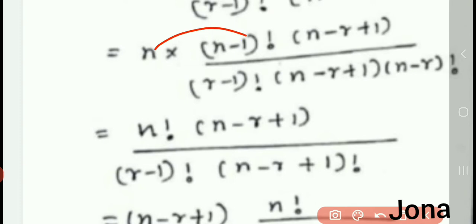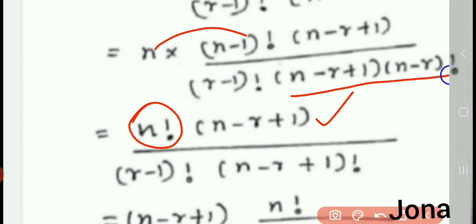And then I can write this: here n into n minus 1 factorial is n factorial, isn't it? Keep this thing as it is here, and then here r minus 1 factorial into this thing can be written as n minus r factorial, isn't it? So I can write this as n minus r plus 1 factorial here.